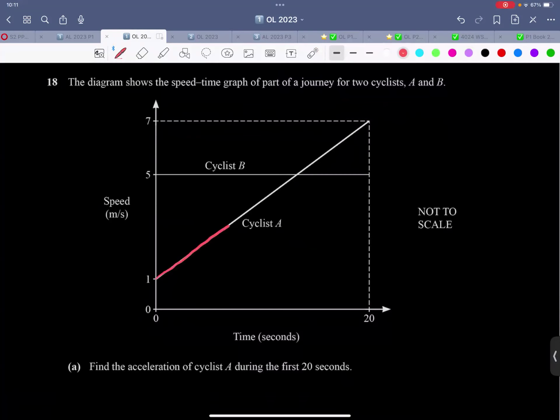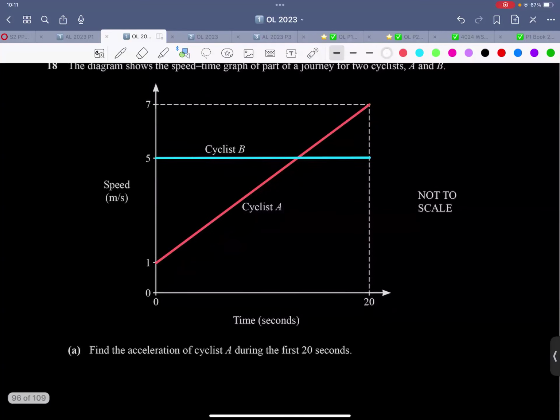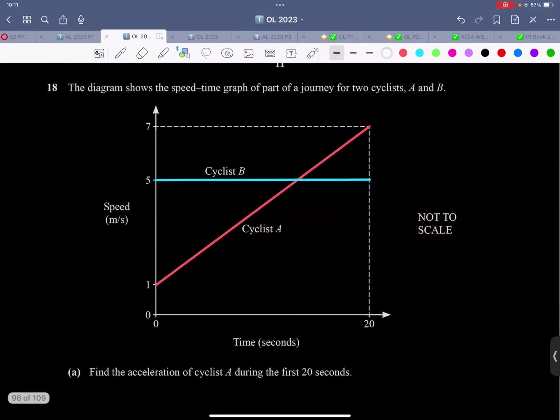Cyclist A is this reddish line, and the other one, the blue one, is cyclist B. Now the question says, find the acceleration of cyclist A during the first 20 seconds of the journey.